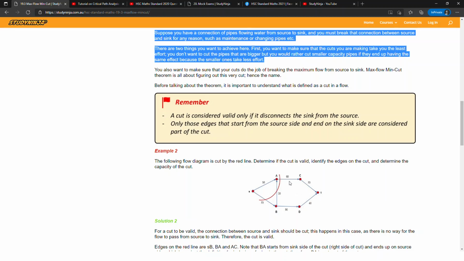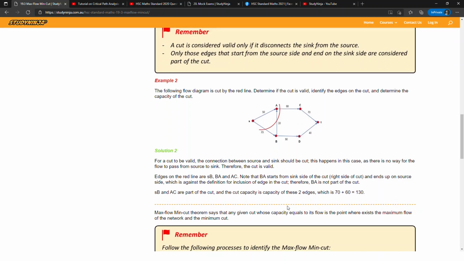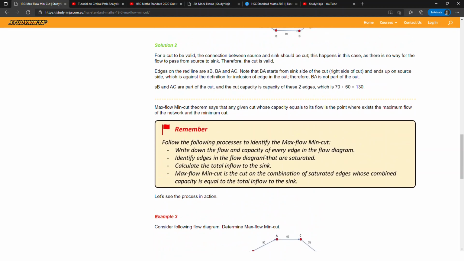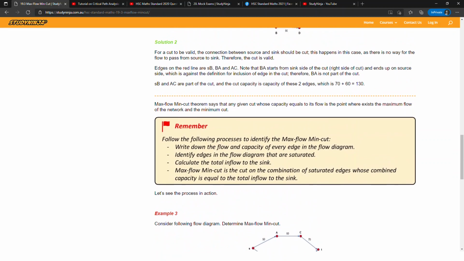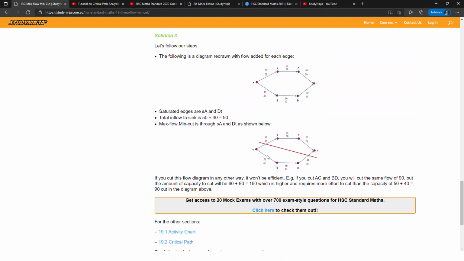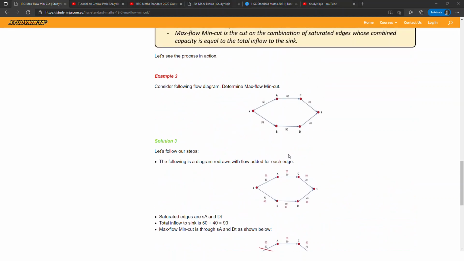Once you can determine that, then solving the question in itself is not that hard. And that's what I teach over here and explain the process with the maximum flow, minimum cut theorem. Then coming back to the questions, as I said, there were two questions that appeared.